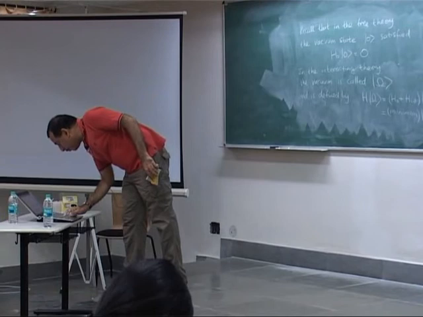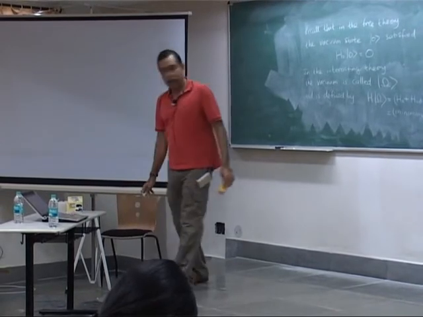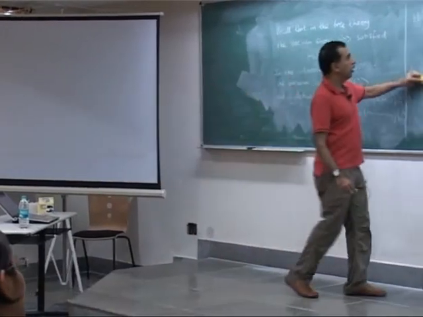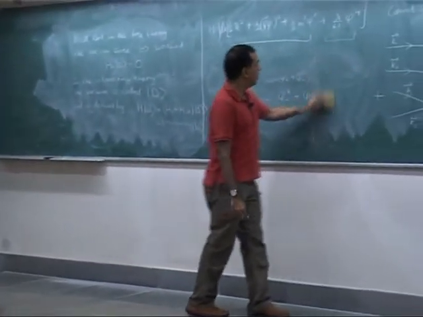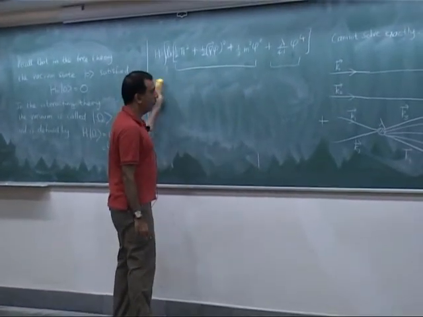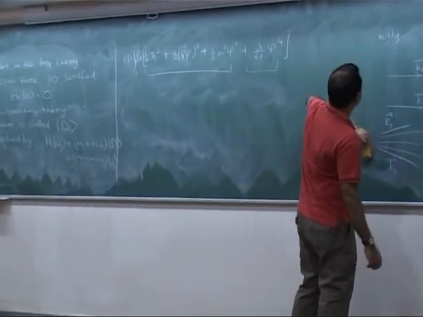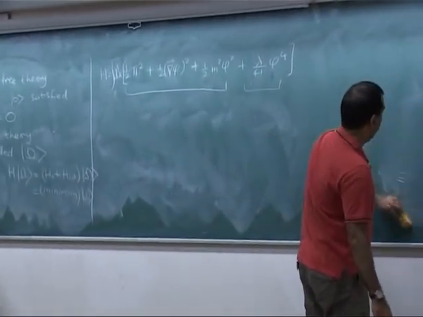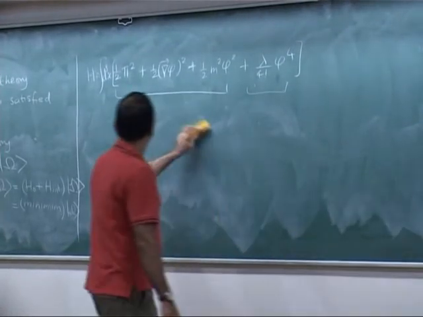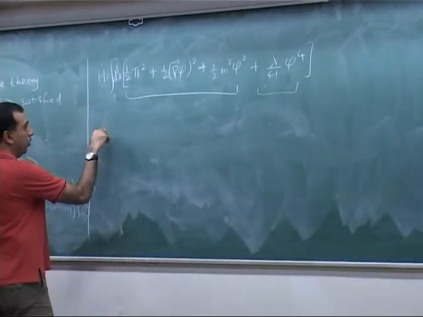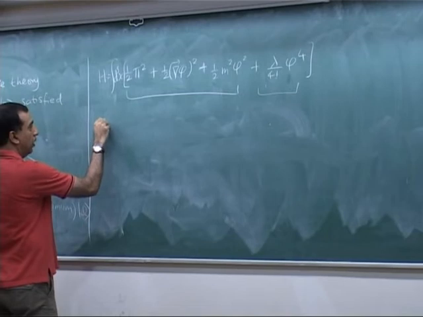Good. Now, because of this, not only is the Hamiltonian broken into two parts, but we are also led to think about two types of fields in the theory. And the way we think about it is the following.